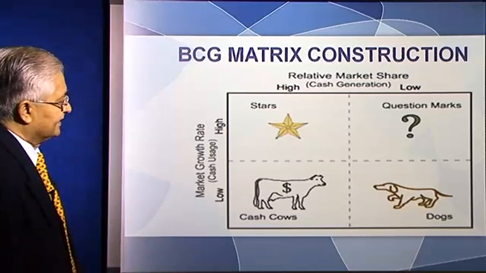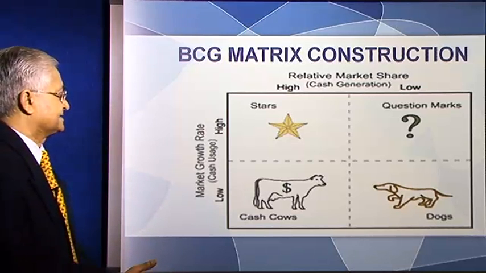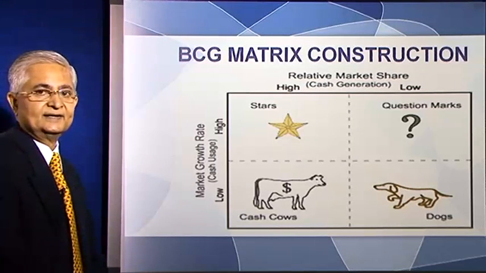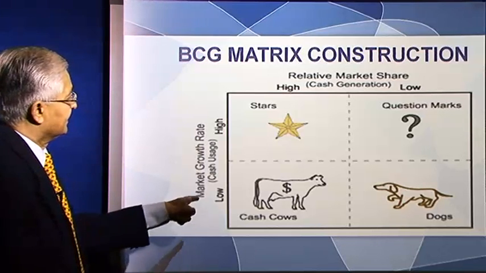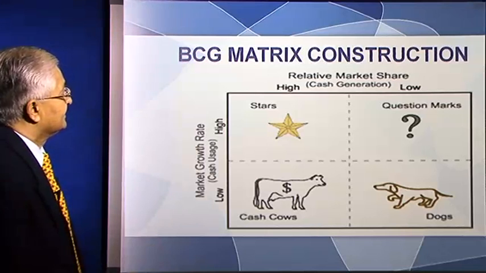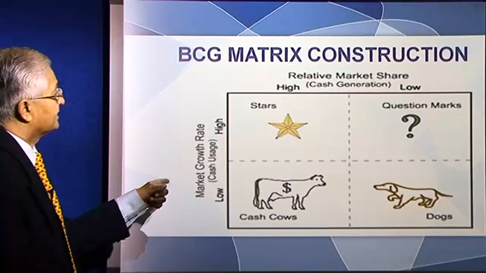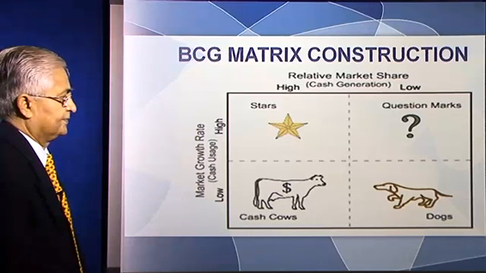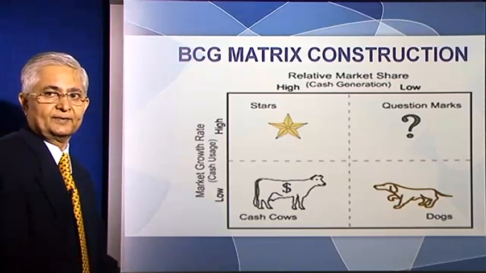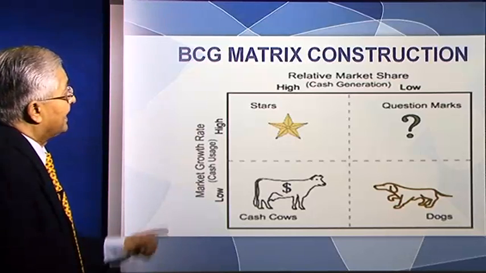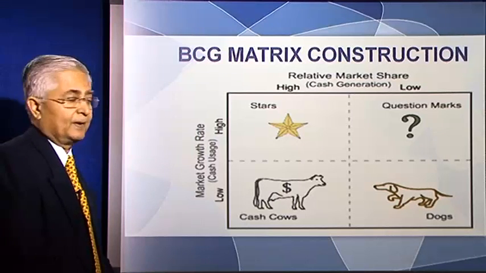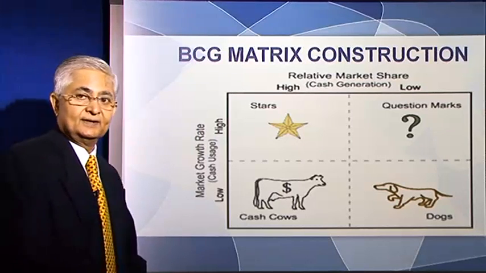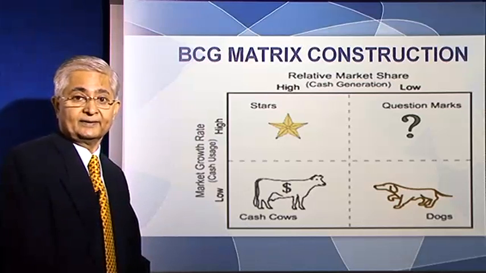What is interesting here is that, let's say, a product like the tobacco products, which comes here, because the market growth is low, the tobacco market is not growing, but the market share is high. ITC has been in the tobacco business for a long time and has a high share of the market.